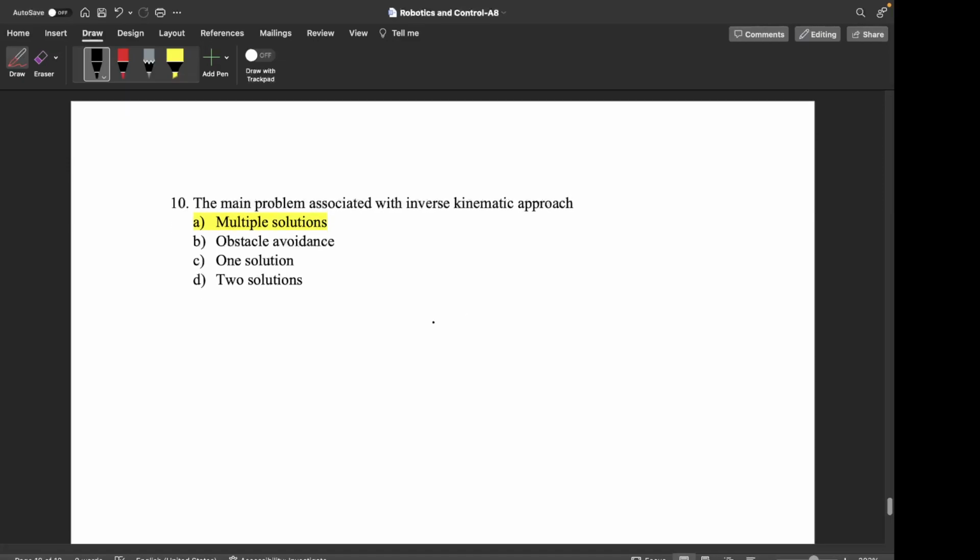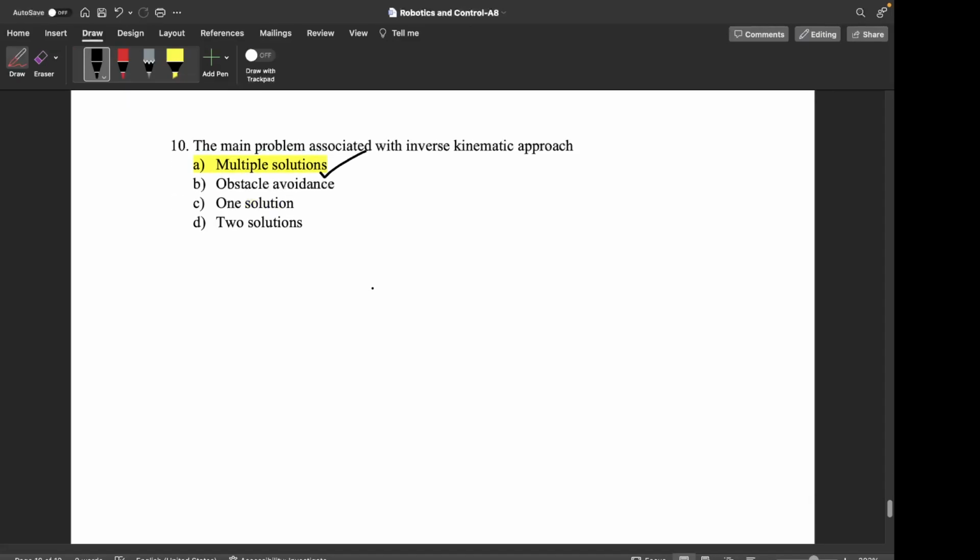And the last question for today is, the main problem associated with the inverse kinematic approach is the existence of multiple solutions. So how you can think about this is that let's say there is a system something like this. This is a fixed base, and there is a two link sort of leg type thing here, right?